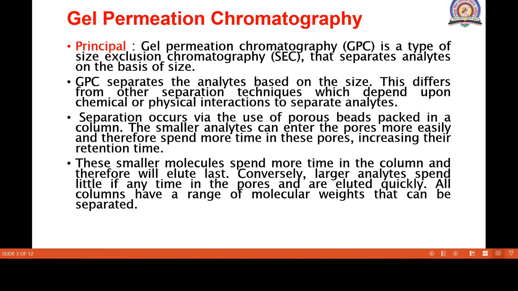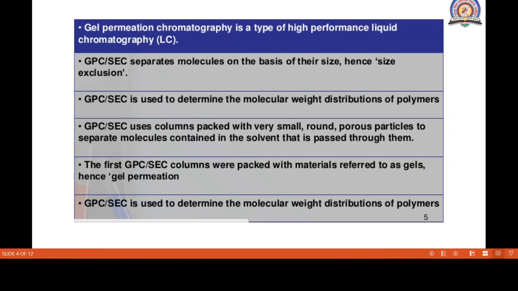Smaller molecules are eluted last while larger molecules are eluted first. Why? Because due to the smaller size, these small molecules spend more time in the column. So the retention time increases and that's why they are eluted last. Okay, so it is very simple.